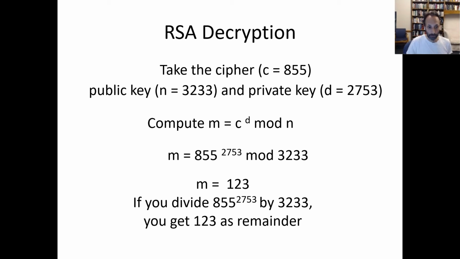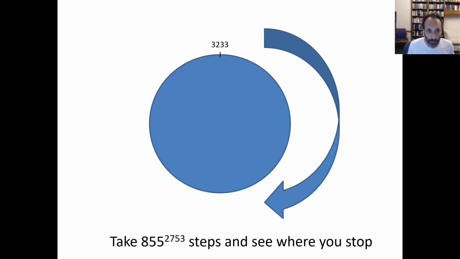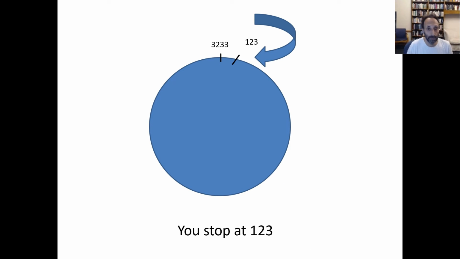Put it another way. Let's go back to the circle. This is how you would decrypt. You would take the same circle, which has the same circumference, and you would take 855 to the 2,753 power steps and see where you stop. And you're going to stop at 123.